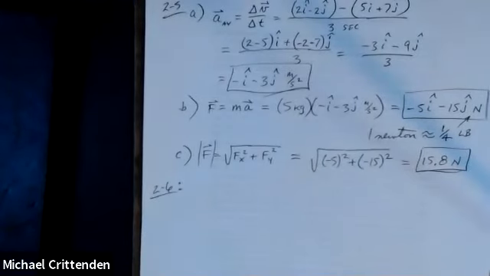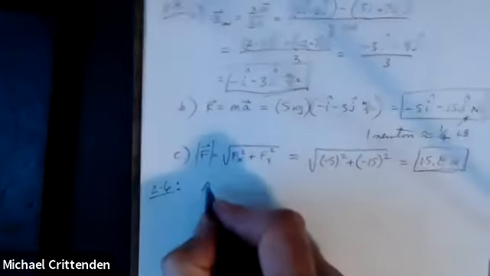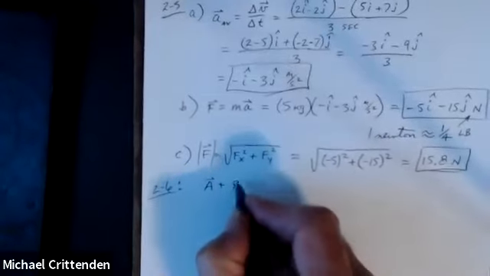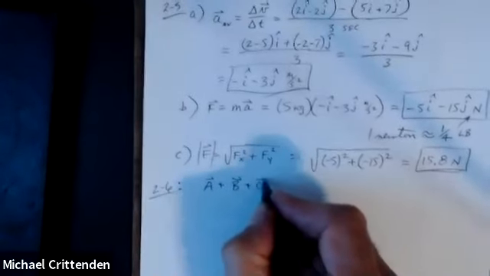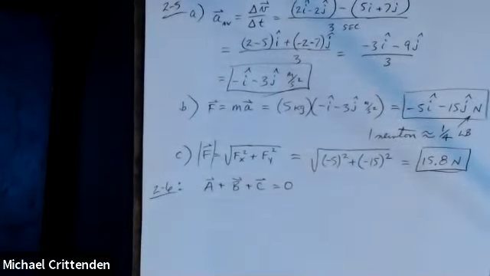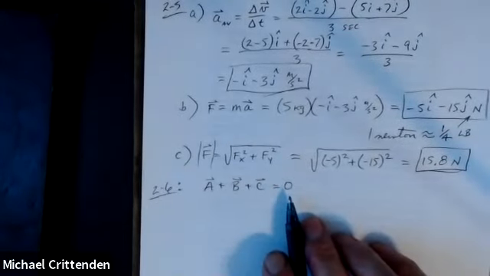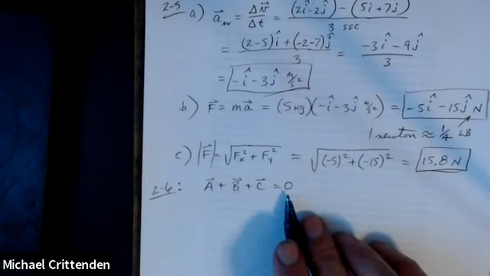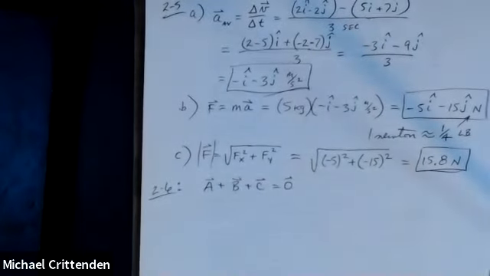Writing that as an equation instead of in words, vector A plus vector B plus vector C equals 0. Well, if you really want to nitpick about terminology, technically 0 is a scalar. I guess this would more properly be called the null vector, but people hardly ever do.